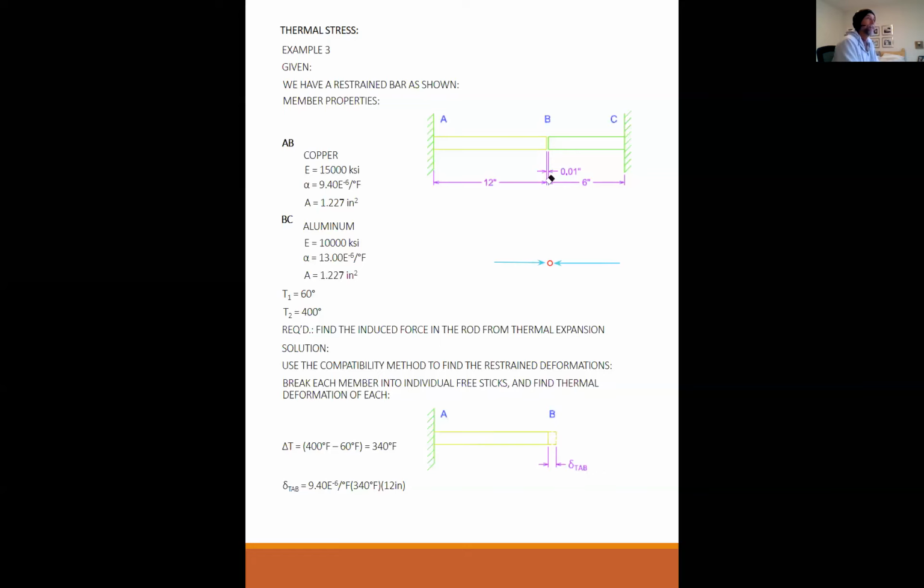Now, if you're asking, what if there was no gap and these are connected, welded or somehow made to be one piece, and then you lower the temperature, well, then the whole problem is exactly the same. You would go through the example exactly the same way. It would just be in a few key places.